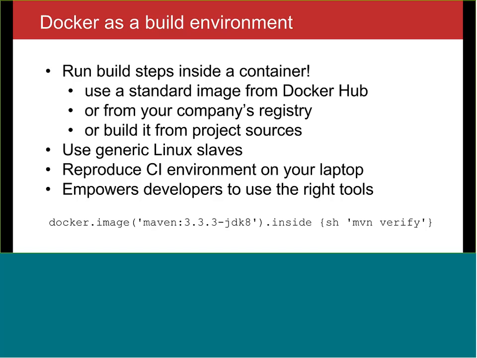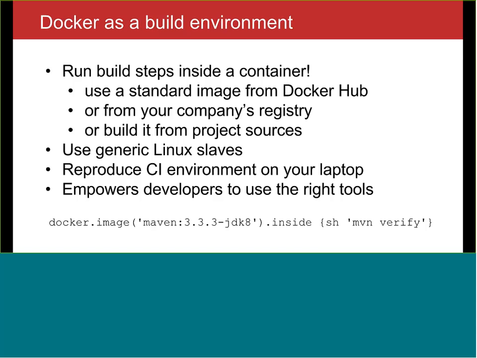workflow script. So here at the bottom of the screen, I'm showing an example of how we select a particular version, 3.3.3, of the Maven build tool, running on top of Java version 8. So this image happens to be on Docker Hub, the public hosting service for Docker images. I didn't need to customize it.